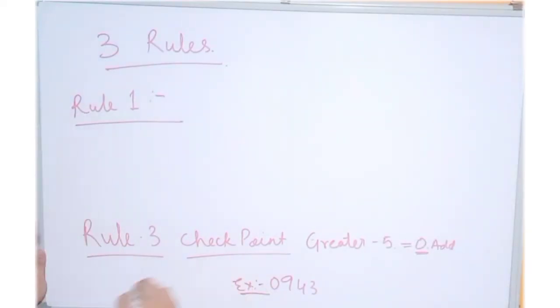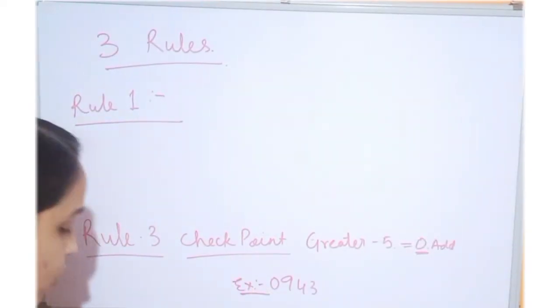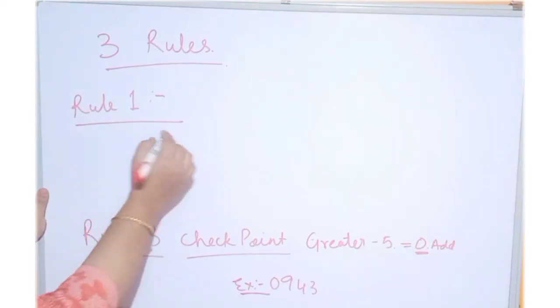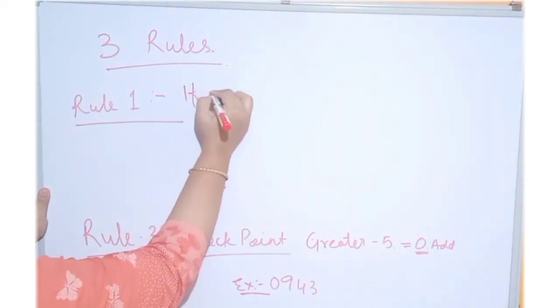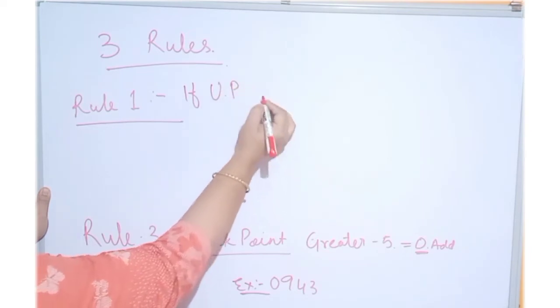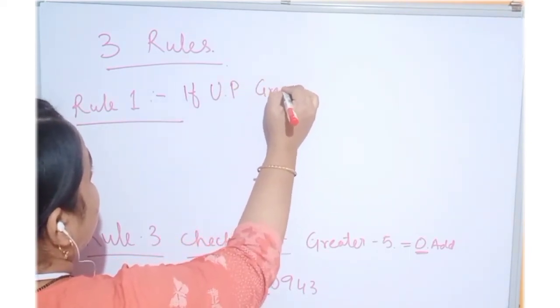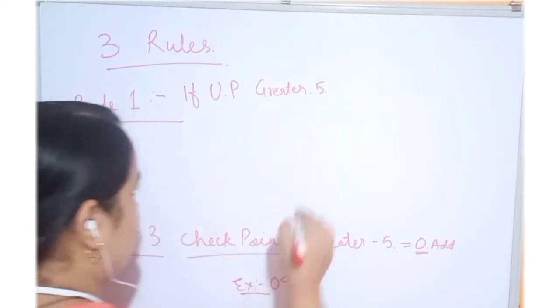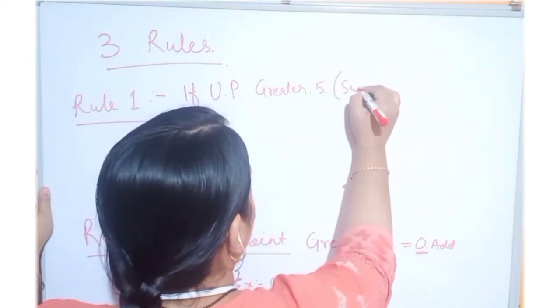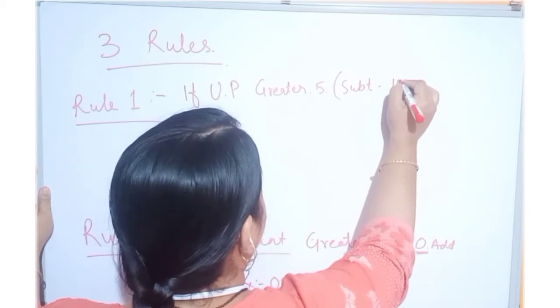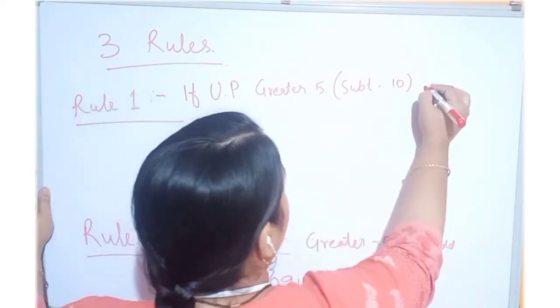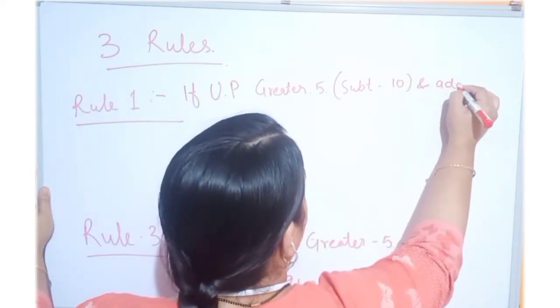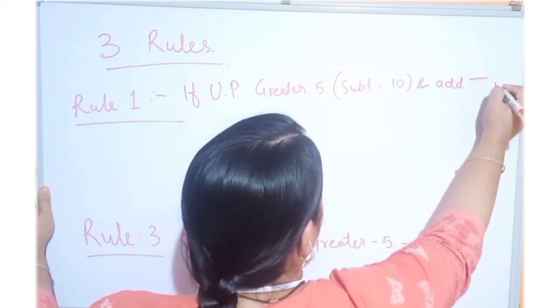Now, rule number 1. Rule number 1 is, if the unit place is greater than 5, then subtract from 10 and add bar to it.